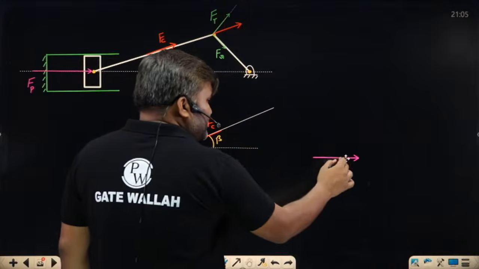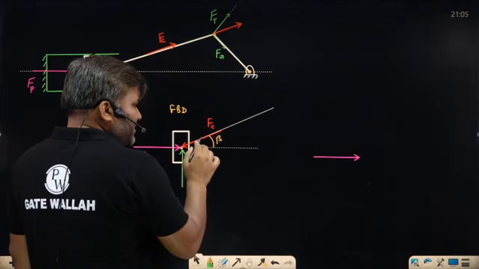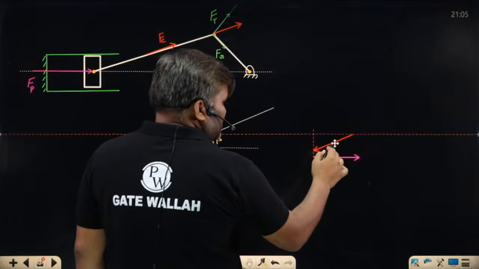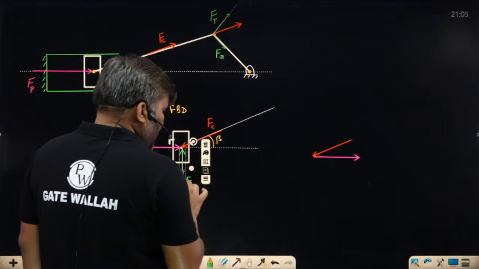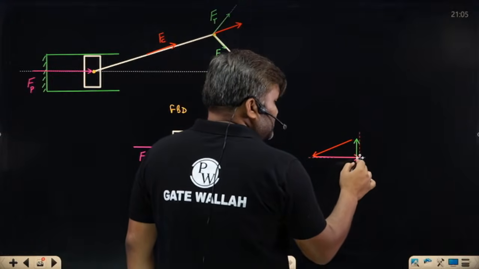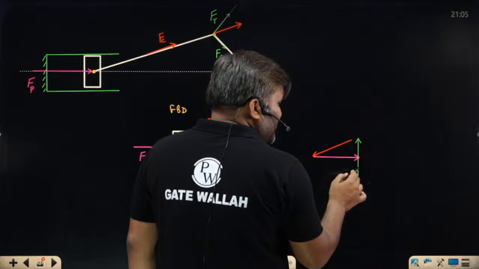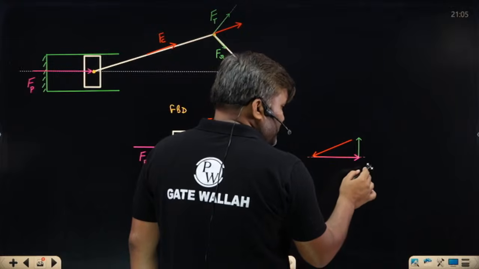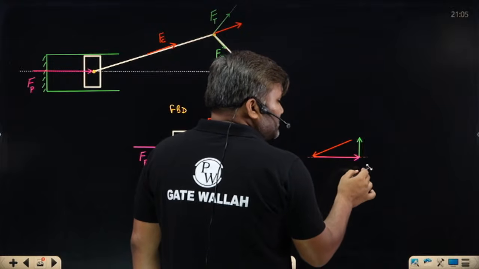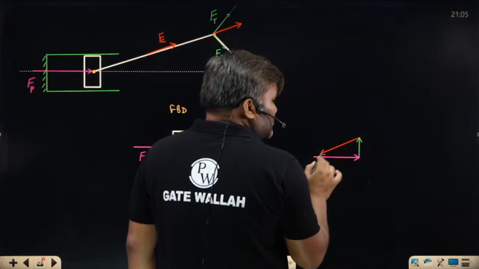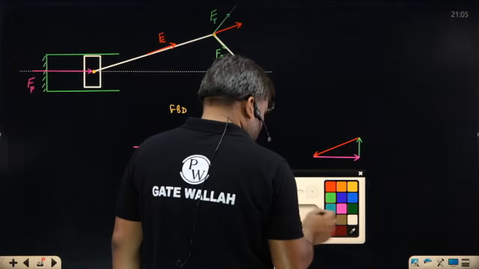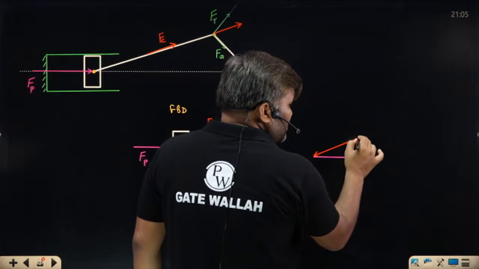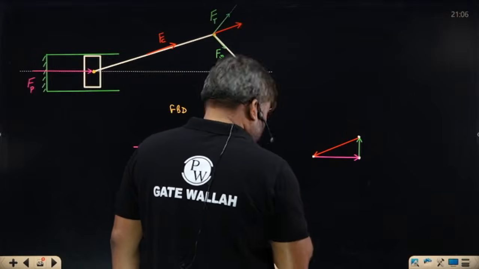If I add these vectors, this is Fp, this is Fc, and this is your Fn. All these forces must form a closed polygon. This is the meaning when I am adding 3 vectors and the resultant is 0. That simply means we are going to get a closed polygon.